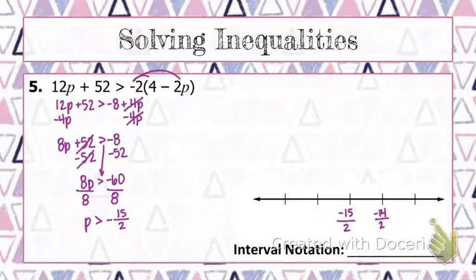But -14 over 2 actually equals -7. So we're going to label that -7. Then we'll get -13 over 2, which doesn't reduce. Over here, we're going to go -16 over 2.